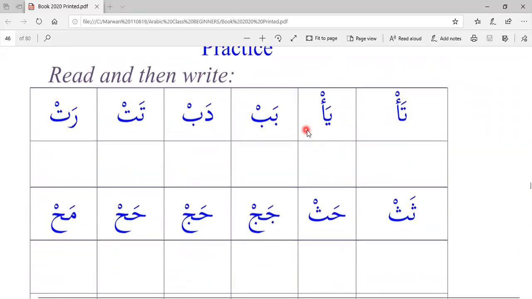And for practice, I'm also going to read in here. I will not be writing. I will leave that up to you. But let's read together.